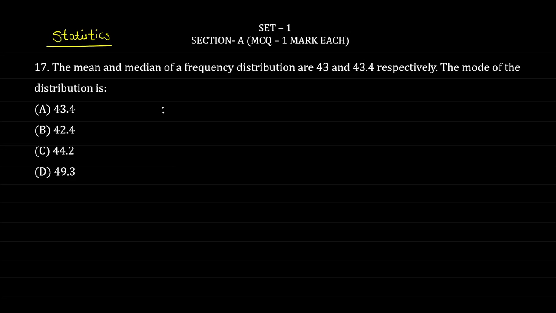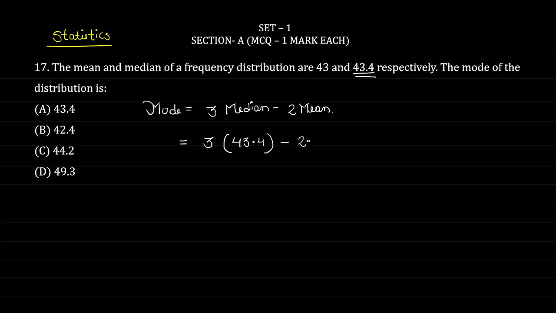We know the formula is mode equals 3 median minus 2 mean. That's the formula you must remember in order to solve this question. They're asking you directly the mode here. The median they have given you is 43.4 and the mean is 43.